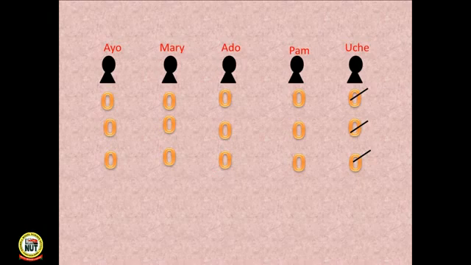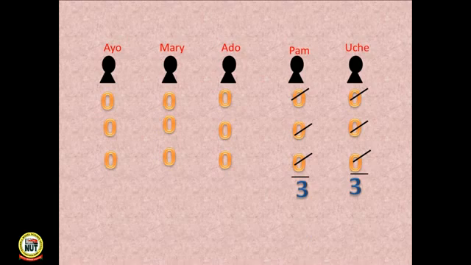So we write 3. Is that clear? Do you understand? Alright. Let's count and find out how many Pam got. Count with me: 1, 2, 3. So we write 3.